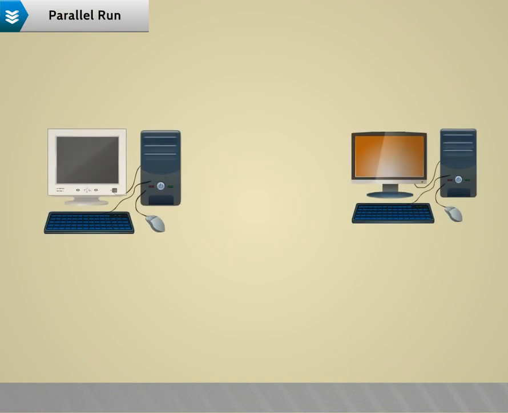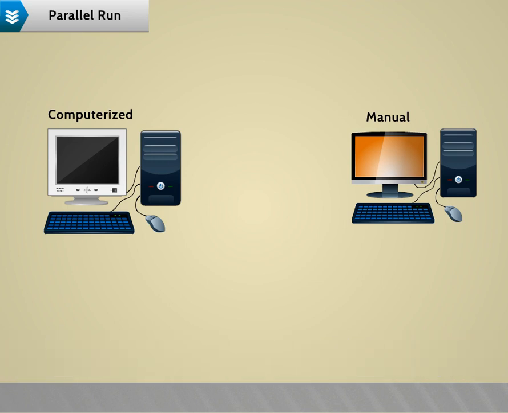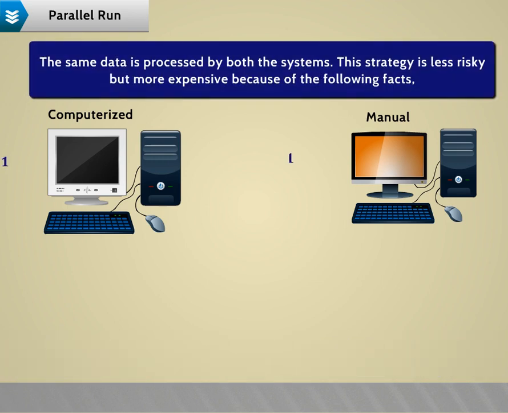Parallel run. In parallel run, both the systems, that is computerized and manual, are executed simultaneously for a certain defined period. The same data is processed by both the systems. This strategy is less risky but more expensive because of the following facts.